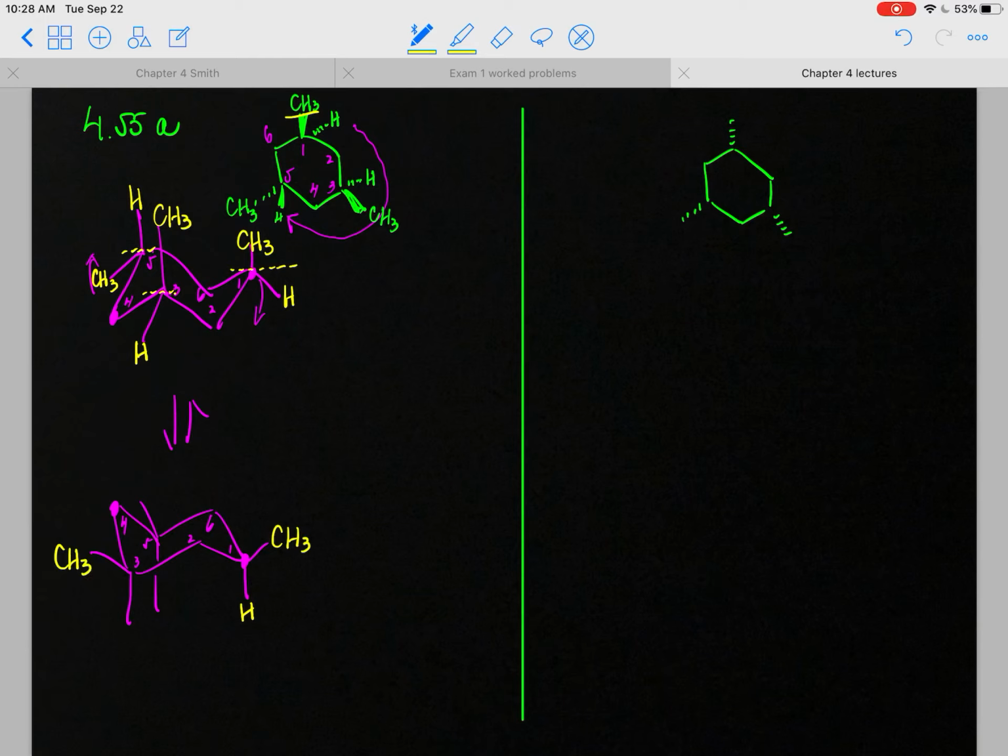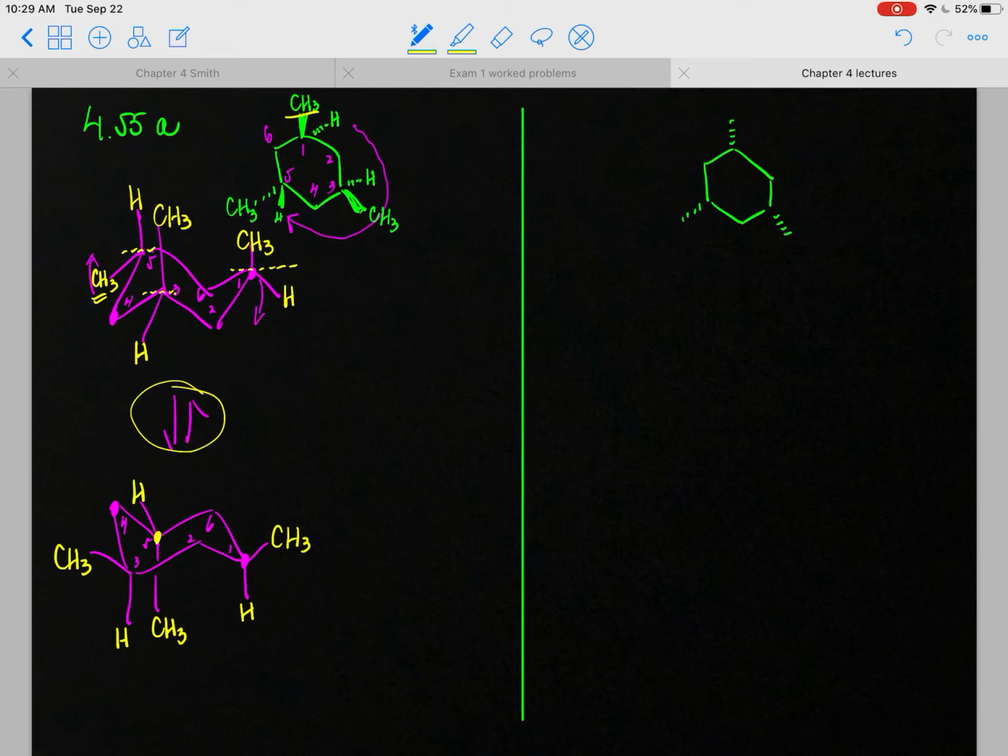And again, the general trend is that axial groups change to equatorial, and equatorial groups change to axial. So here on carbon 5, be careful. Things really twist around a bit from our vantage point. This methyl group is down in the equatorial position. On carbon 5, this methyl group is down in the axial position. Down means down everywhere, but equatorial and axial switch locations due to this conformation change.